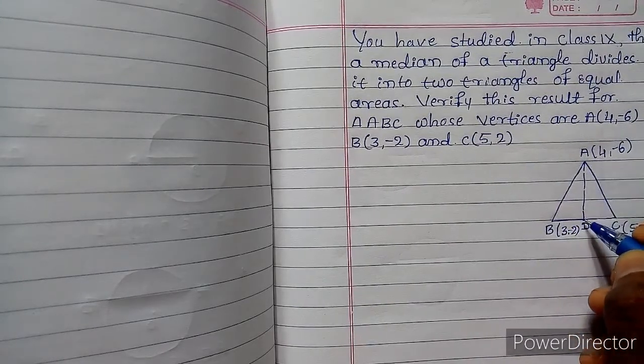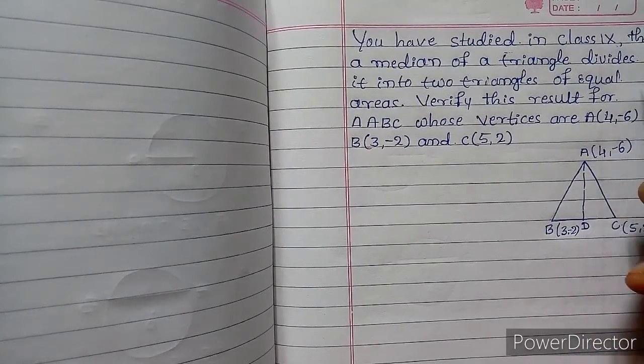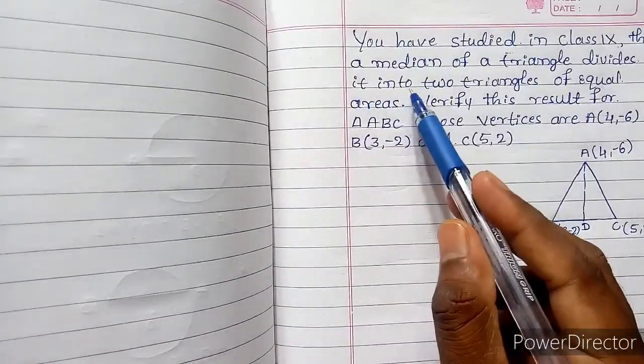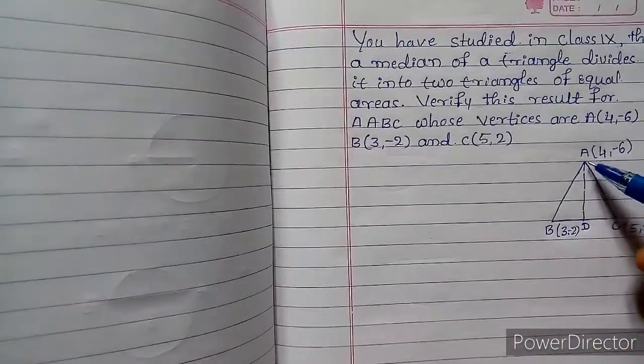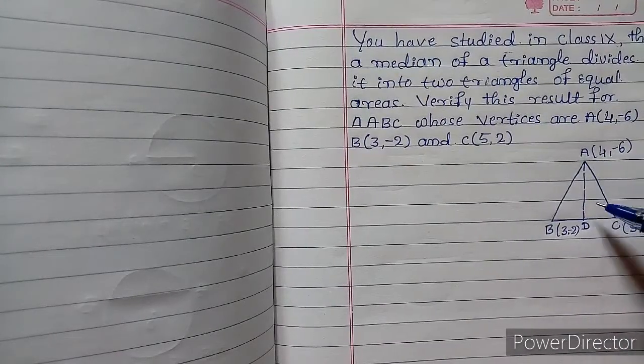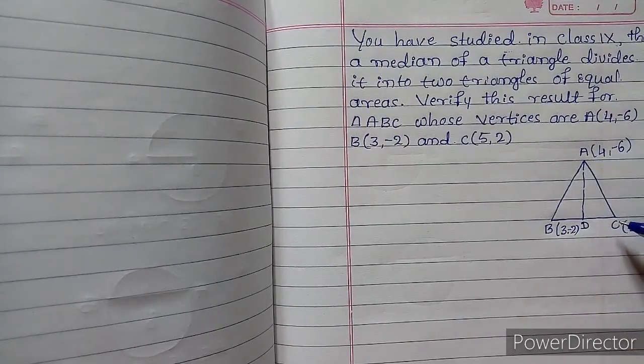Now AD is a median of this triangle. A median of a triangle divides it into two triangles, so this AD divides the triangle ABC into two triangles, that is, triangle ADB and triangle ADC.